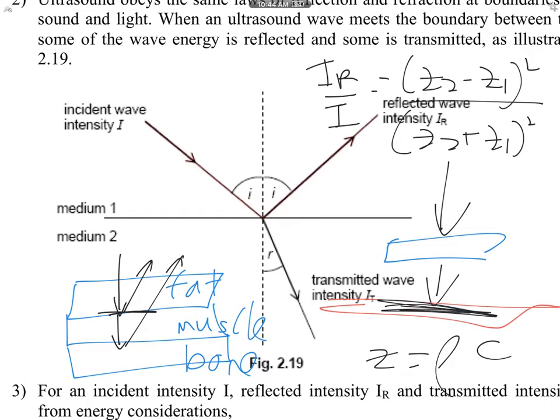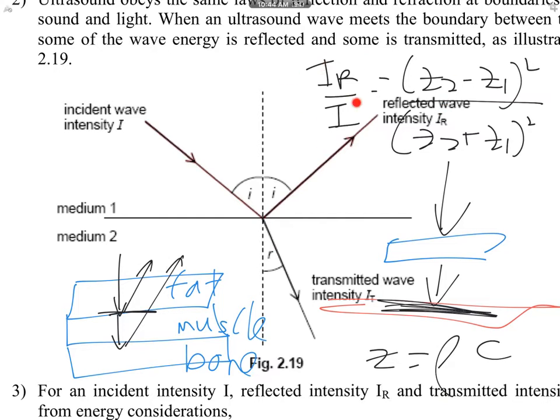Rho is the density of the medium, and c is the speed of the ultrasound through that medium. Each medium will have its own value of Z because it depends on the density of the medium. Every medium like fat, muscle, bone all have different density. The speed of the wave is also different, so they have different values of Z, which is given on your next page. But you must notice the formula here.